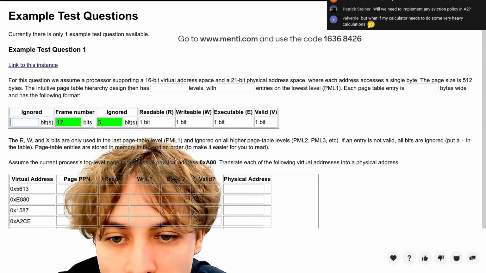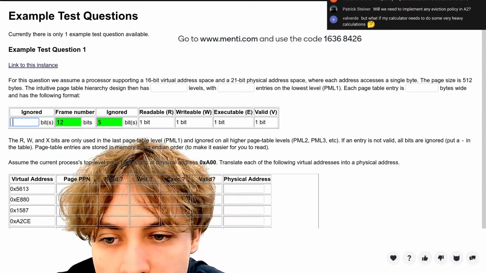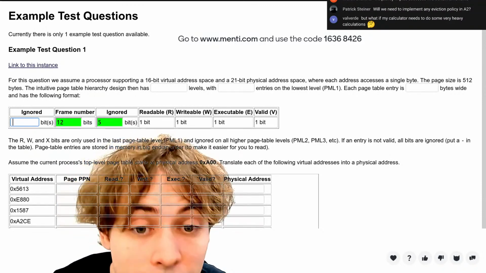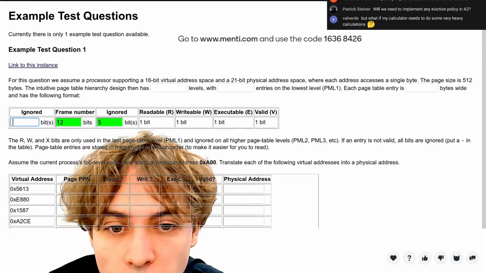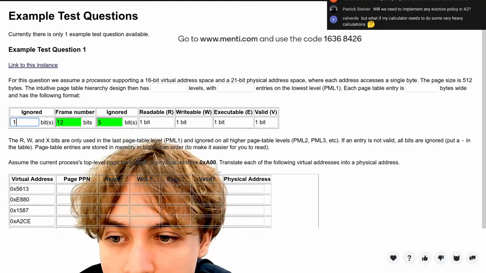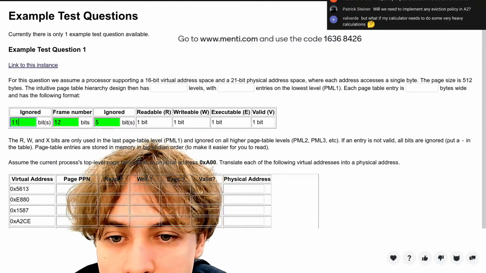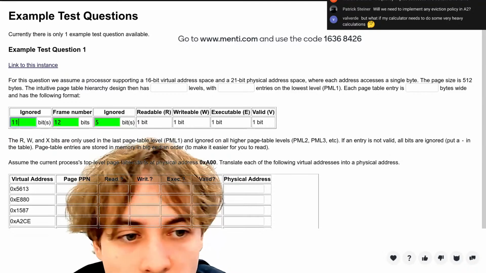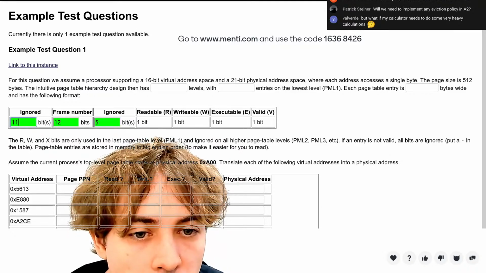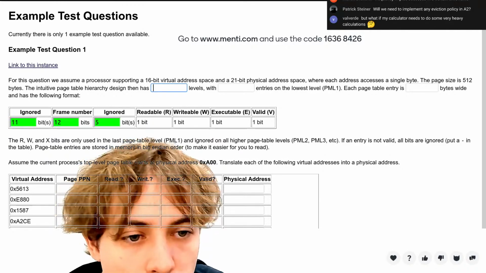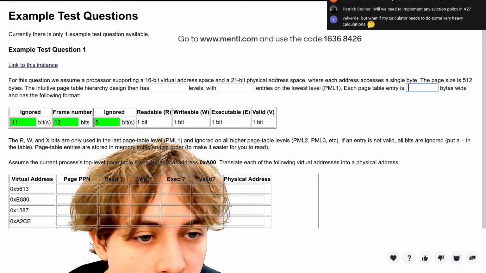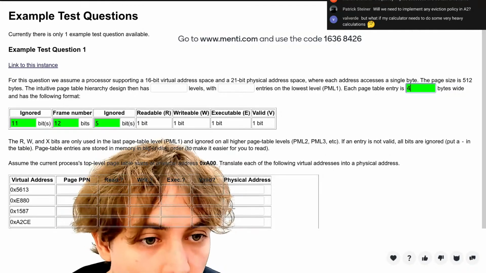Then the ignored bits, let's see how large this is. This is 9 plus 12, which is 21. 21 doesn't fit in 16, so we have to use 32, and that means we have 11 bits left over here. That means we have one level, but we will see that in a second. Each page table entry has 4 bytes, 32 bits.